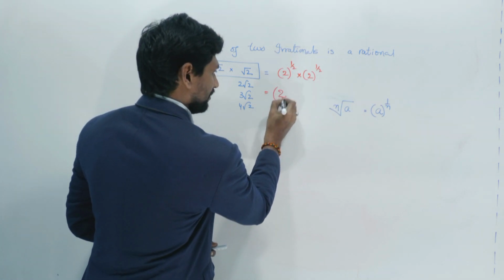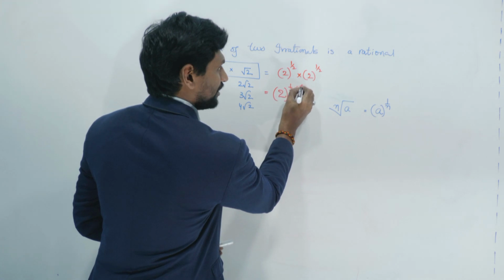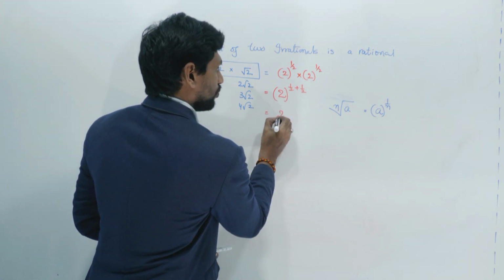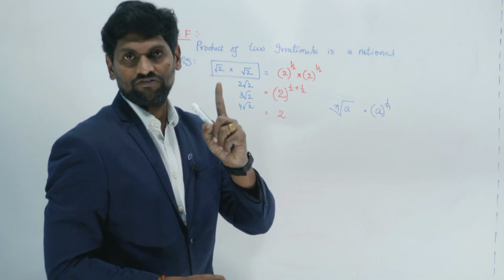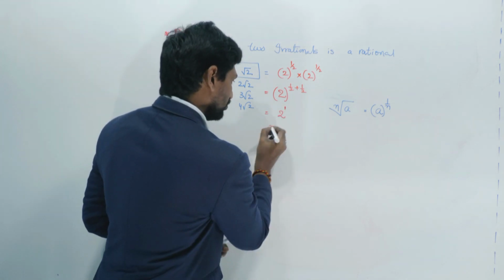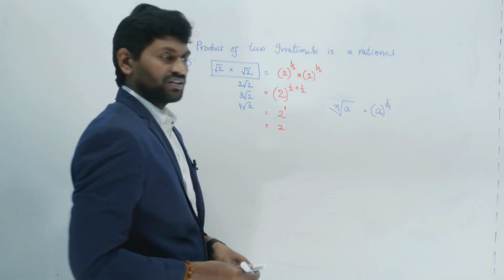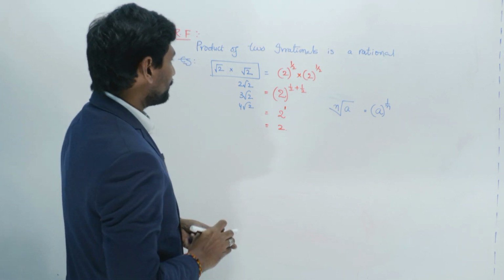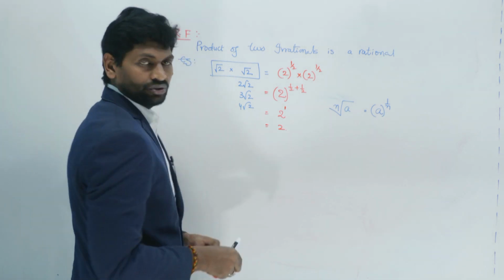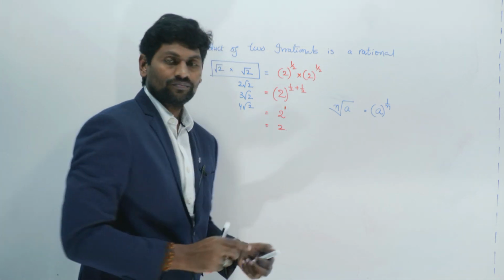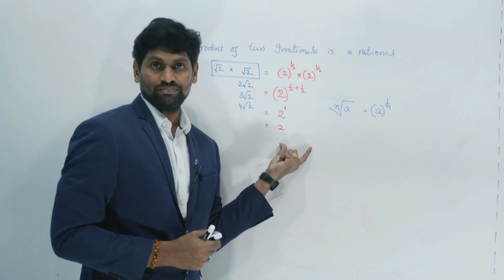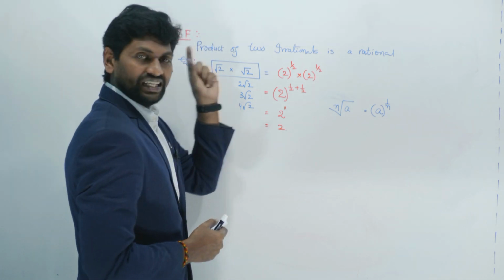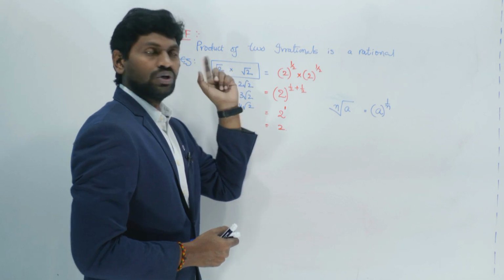That means 2 power 1 by 2 plus 1 by 2. Half plus half is 1, so 2 power 1 is 2. That means when you multiply root 2 with root 2, the answer is 2. 2 is a rational number, while root 2 is an irrational number.